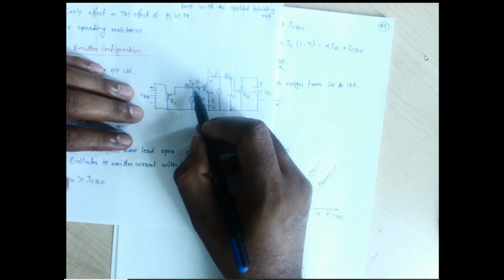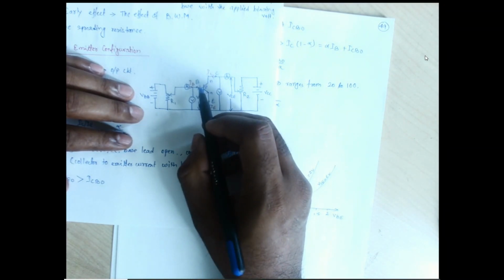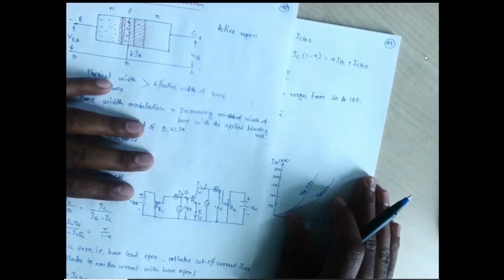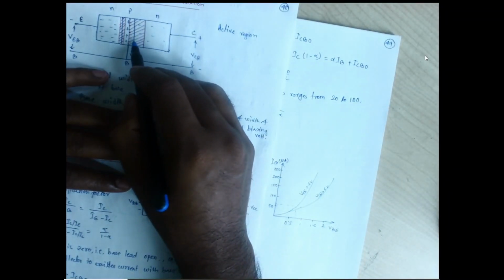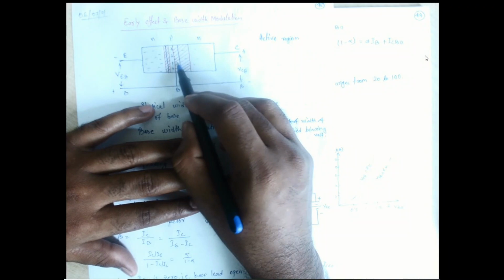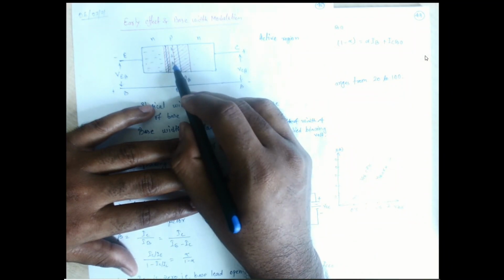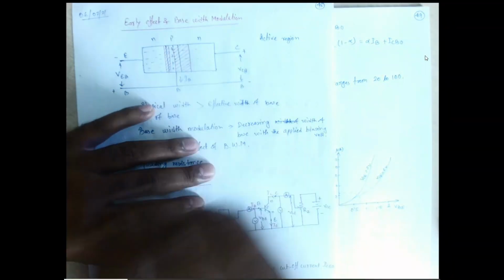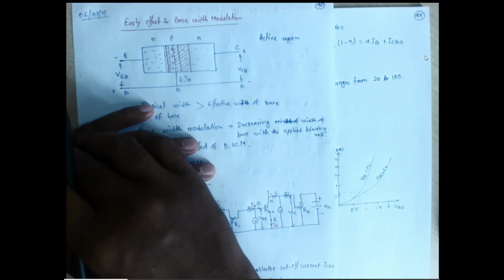So what will it cause? It will cause a greater penetration of the depletion region into the base, reducing the distance between the collector base and emitter base regions. If this junction is provided with a higher amount of reverse bias, this penetration will be more into the base, and on this side it has a nominal base depletion width, so the effective width is less in the base region.